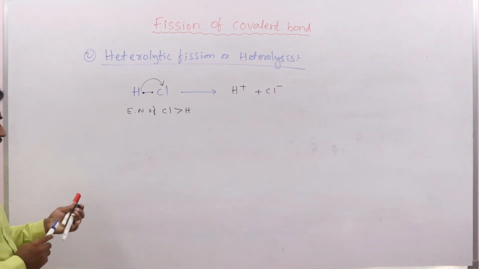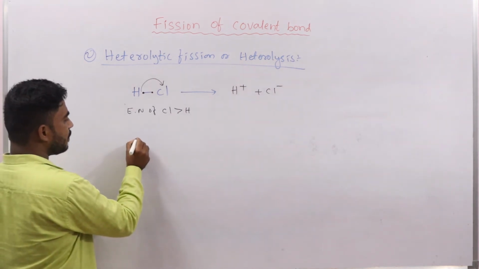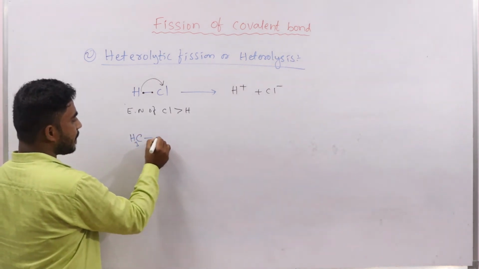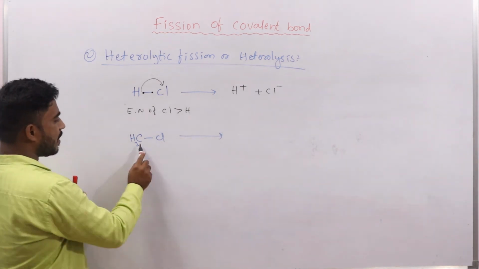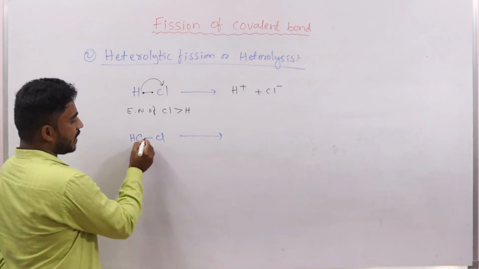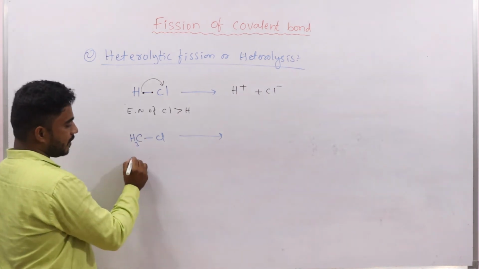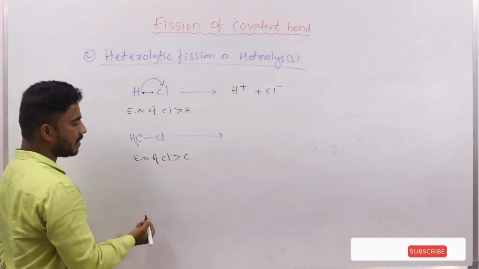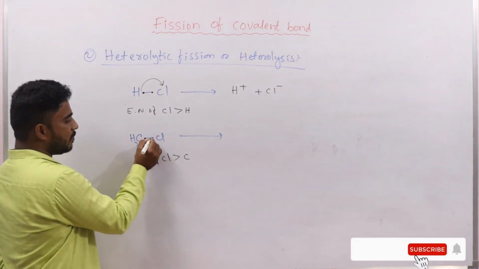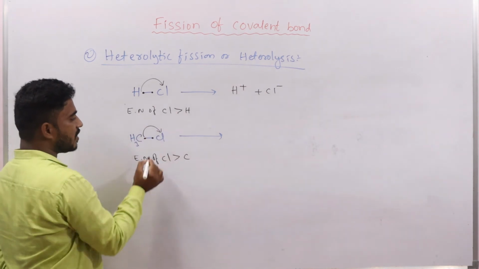Then let us take one more example. For example, CH3Cl. Here carbon and chlorine are connected by a covalent bond. The electronegativity of chlorine is greater than carbon, so the mutually shared electrons move towards chlorine.